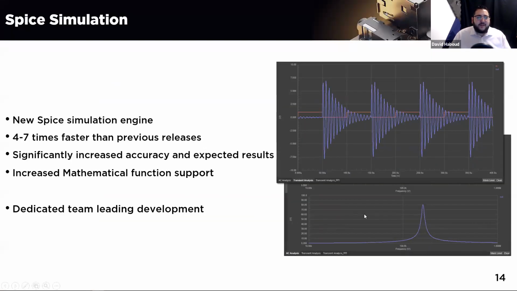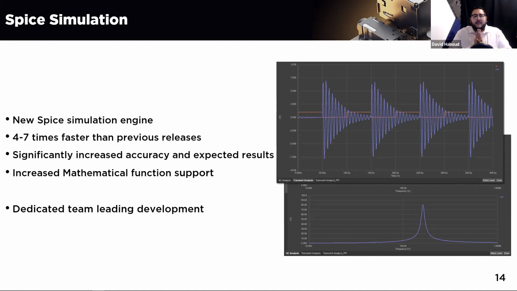So let's go into SPI simulation. We have introduced a new SPI simulation engine. This is another thing focusing a lot on user feedback, people want better SPI simulation. So we have introduced this. We found it to be 4 to 7 times faster than previous releases.